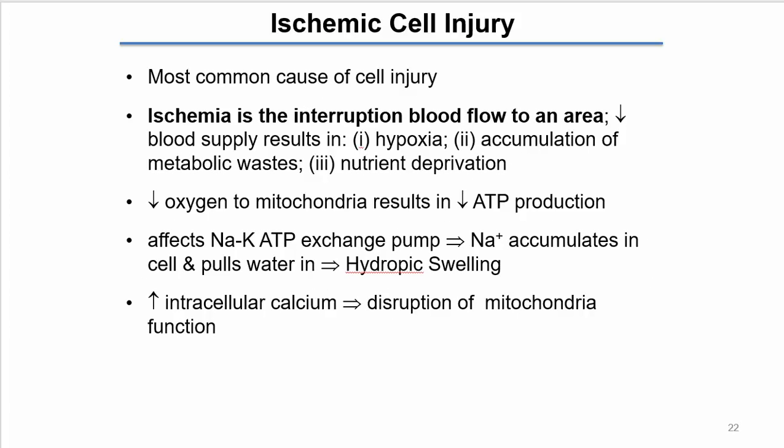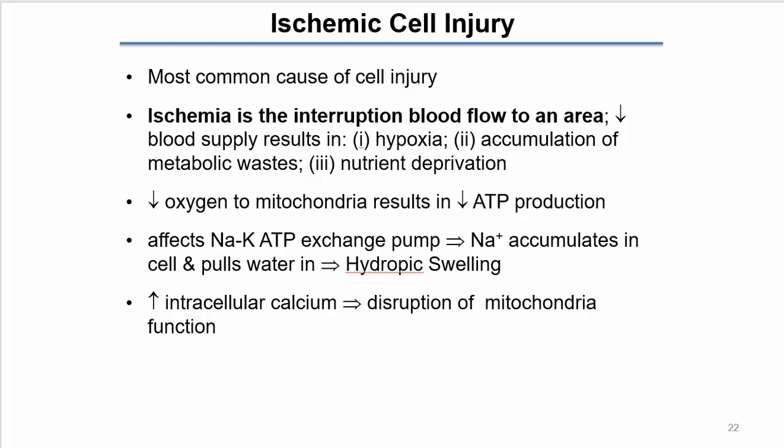So, to recap, cell injury is often caused by ischemia, and that's the interruption of blood flow to an area. That results in hypoxia. That's probably the most important thing. But it also results in an accumulation of metabolic waste, because the blood not only brings things to the cells, it takes things away.